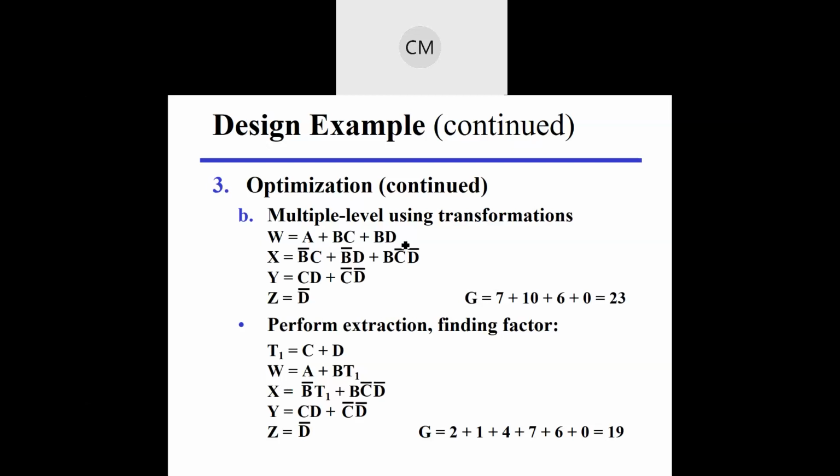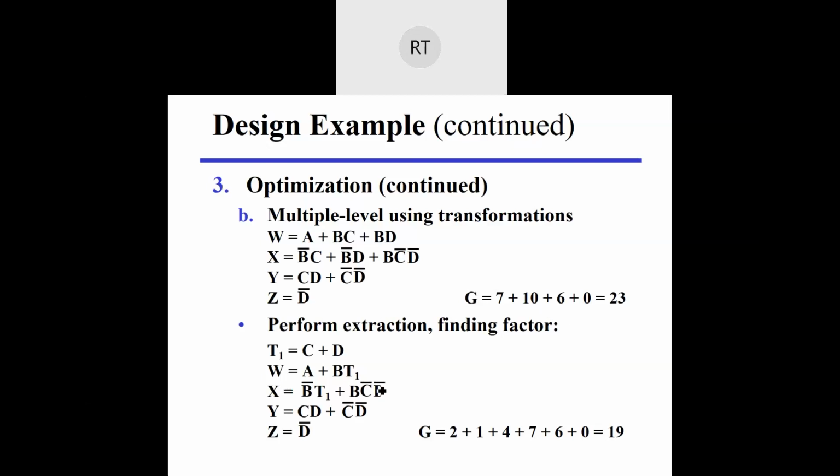How did you decide it's 7? You have 1, 2, another 2, and these 3 are input to the OR. You agree? This will give you a 7. So as a result, the G is going to be 7 plus 10 plus 6 plus 0. It's going to be equal to 23.